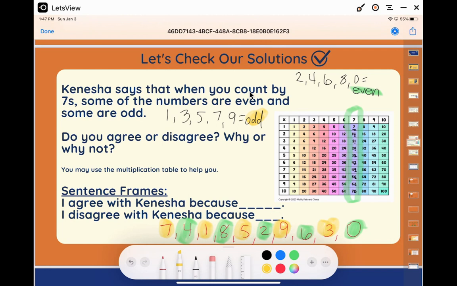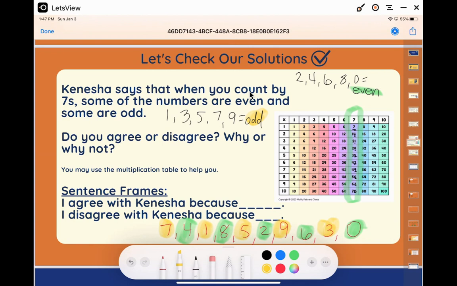You guys want to know something that's super crazy? Now, I am going to say that I agree with Kanisha, because Kanisha is correct, there are even and odd numbers here. Another thing that I noticed is that all of the even and odd numbers are here.